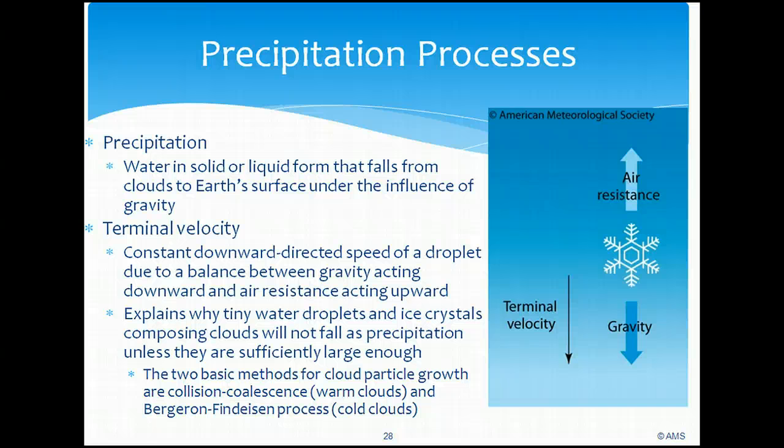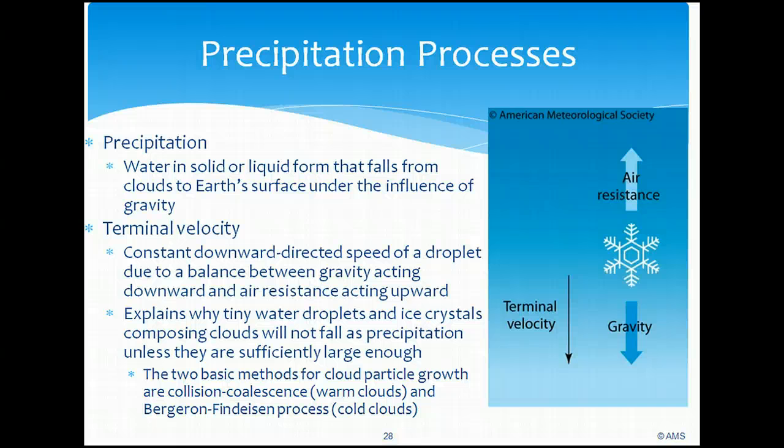The speed of the falling cloud droplet, or ice crystal in some cases, in calm air is regulated by gravity, the force that accelerates a particle directly downward, and the opposing component of this is the resistance offered by air through which the particle is falling.